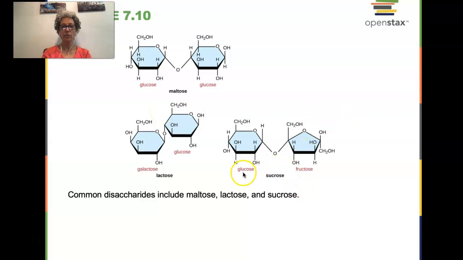And if we link a glucose to fructose, which still had that same C6H12O6 formula, the fructose, when it forms a ring structure, has 5 sides, and 2 of its carbons stick out. So we have carbon 1, 2, 3, 4, 5 between the first carbon of glucose and the 5th carbon of sucrose. Just showing you that depending on which two sugars are involved, the disaccharide is also going to look very, very different.